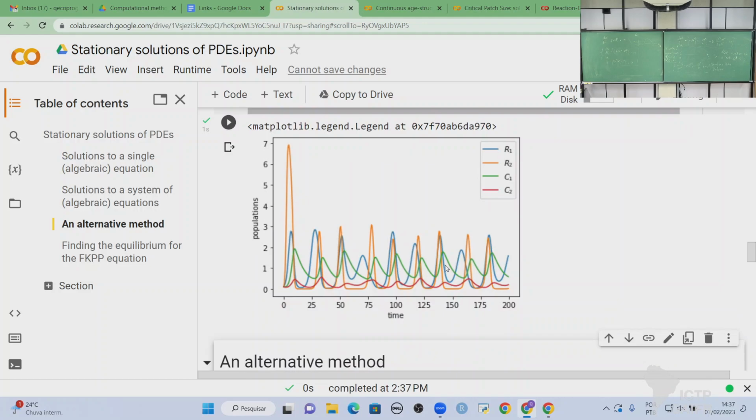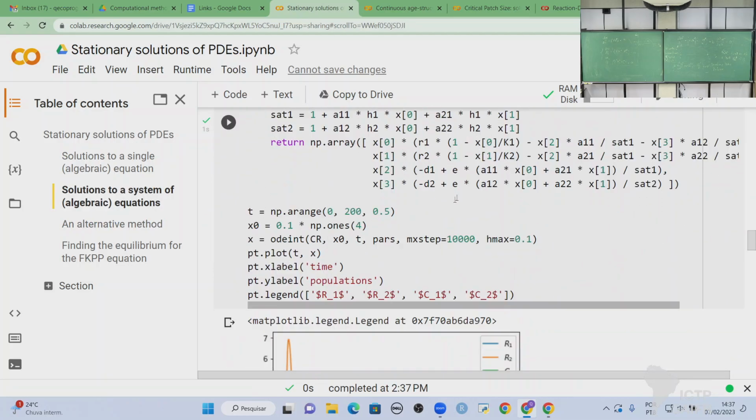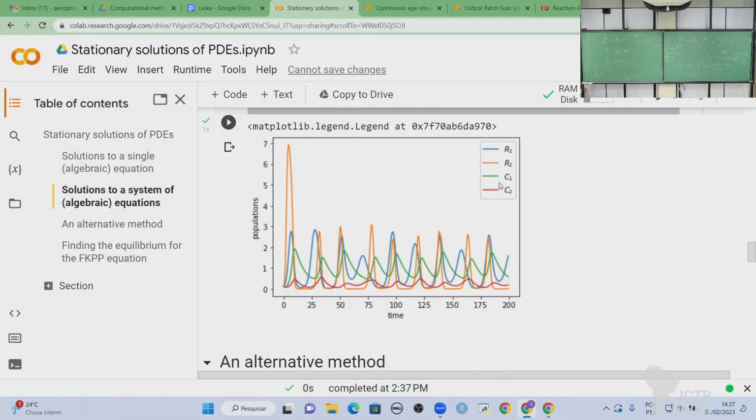You see that R1 is usually larger than R2, but not too much. And then C1 is also larger than C2, and so on. Usually the green line is above the red line, so C1 is coming out better here. So far so good, questions, comments?